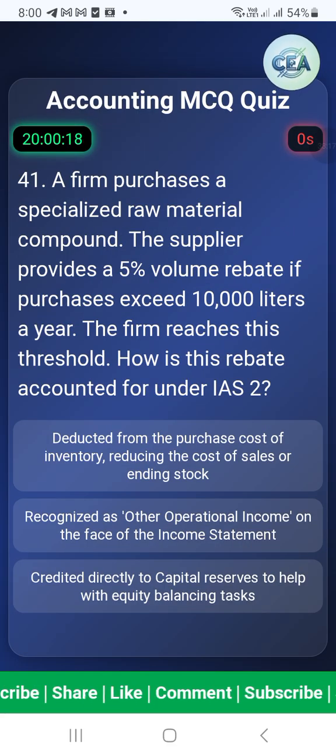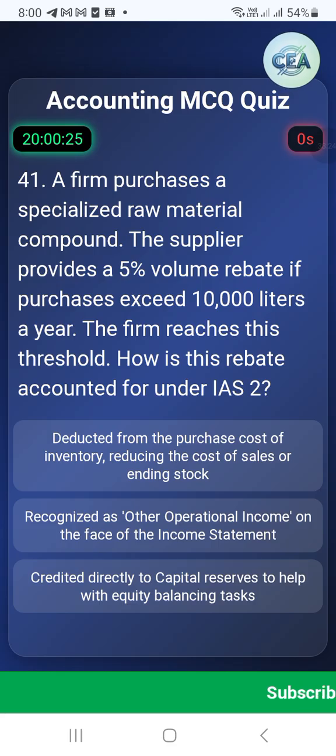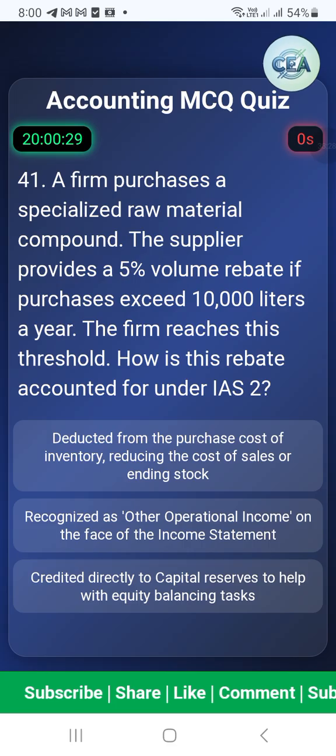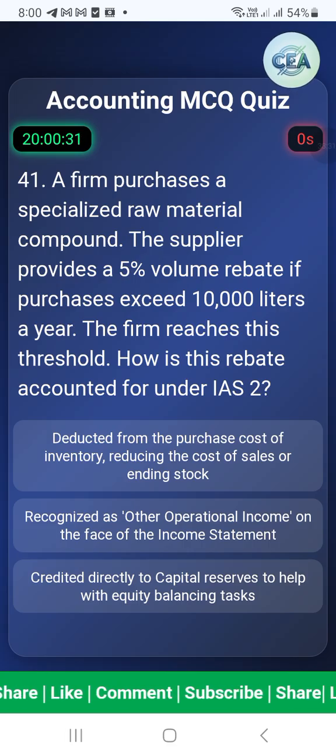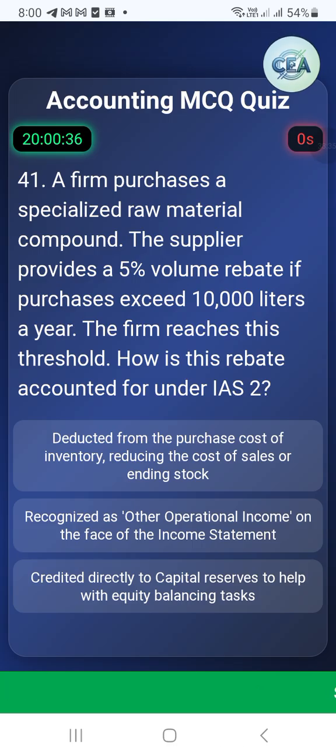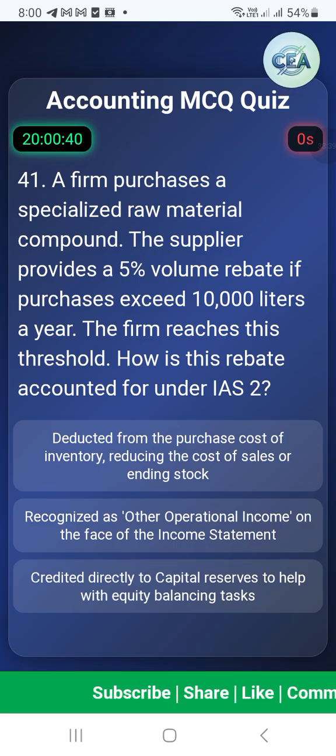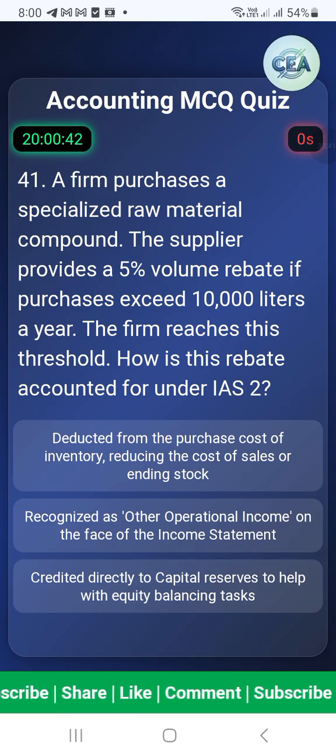41. A firm purchases a specialized raw material compound. The supplier provides a 5% volume rebate if purchases exceed 10,000 liters a year. The firm reaches this threshold. How is this rebate accounted for under IAS 2? Option 1. Deducted from the purchase cost of inventory, reducing the cost of sales or ending stock.